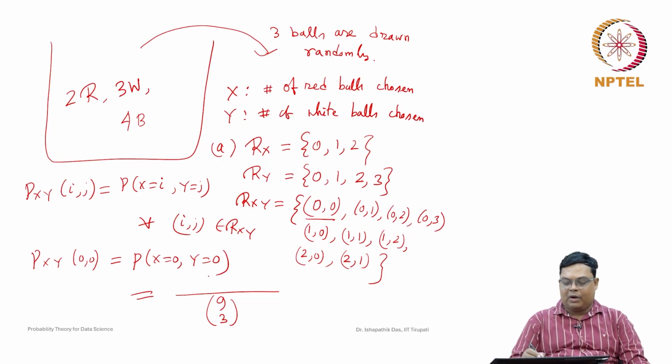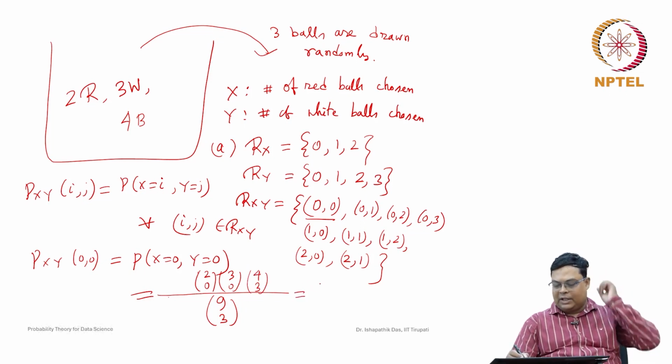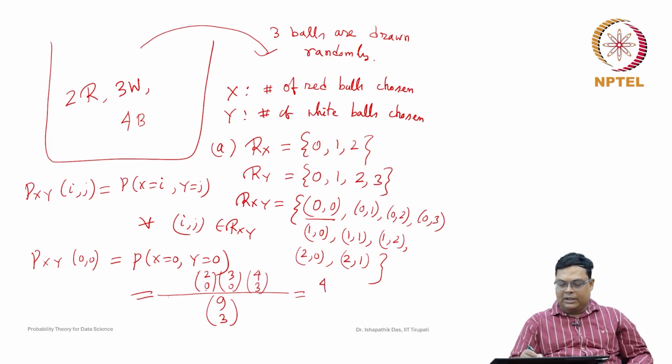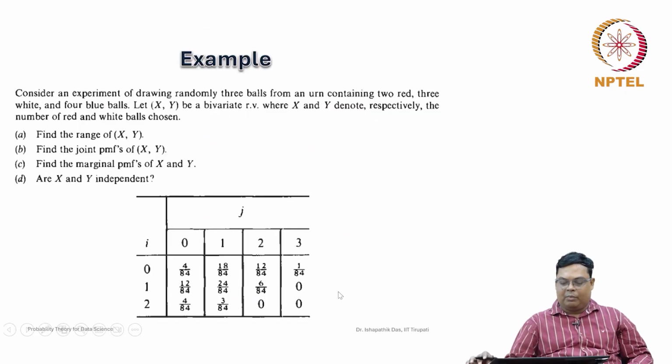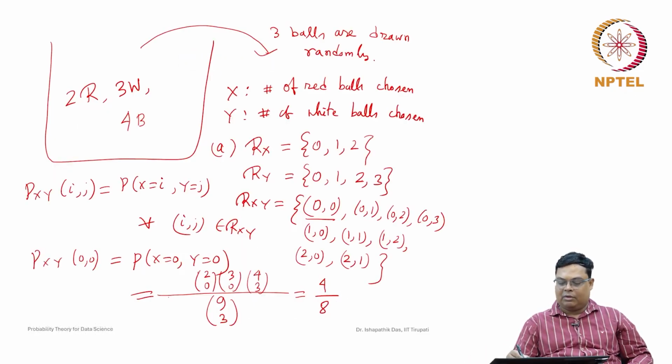From the red balls we choose 0, 2C0, from the white balls also we choose 0, 3C0, and from the 4 blue balls we choose 3, 4C3. That is the possibility that red is 0 and white is 0. Simplifying, 4C3 is nothing but 4, 2C0 is 1, 3C0 is 1, and 9C3 we have computed is 84. You can check that 9C3 is 84.